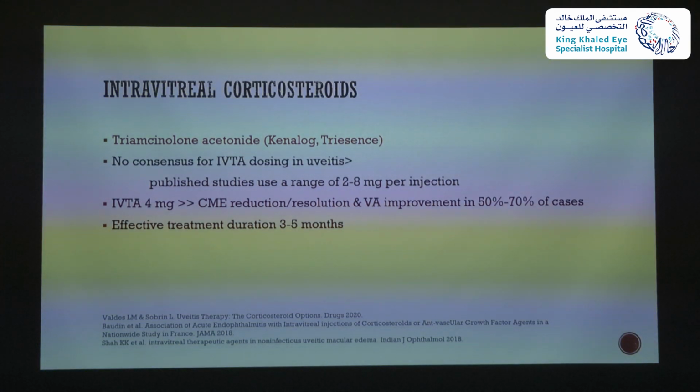The published studies use a range of 2 to 8 milligram per injection, and some studies showed that 4 milligram intravitreal triamcinolone is effective for cystoid macular edema and visual acuity improvement. The effective treatment duration is between 3 to 5 months. Actually, in our practice, it is not more than 3 months.